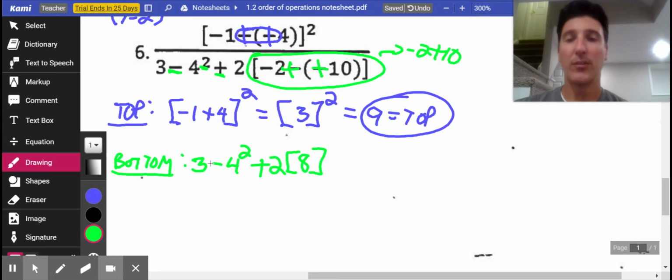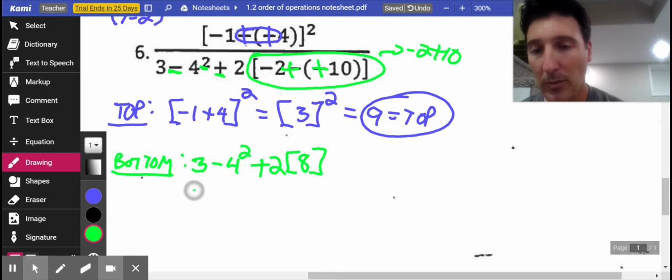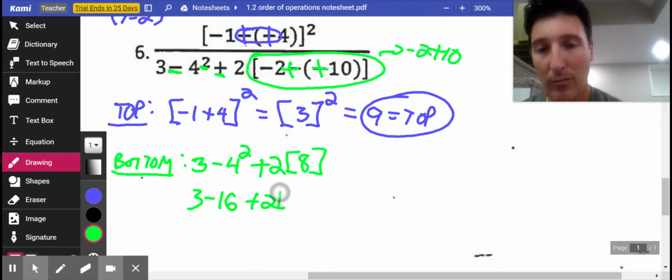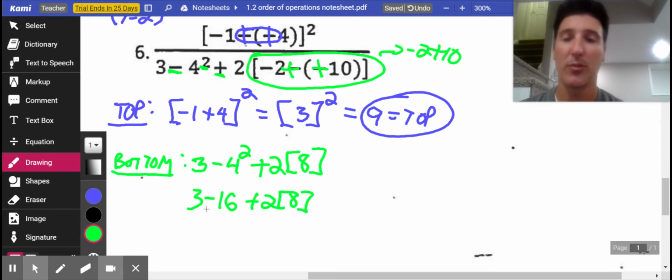All right. So then subtraction, exponents, addition, multiplication. You still have a bunch going on there. Exponents wins out. That's the second priority. I already did parentheses. So 4 squared, 4 times 4, is 16. So I'm going to have 3 minus 16, and then plus 2 times the bracket 8. So this is going to be multiplication. This wins out over addition and subtraction.